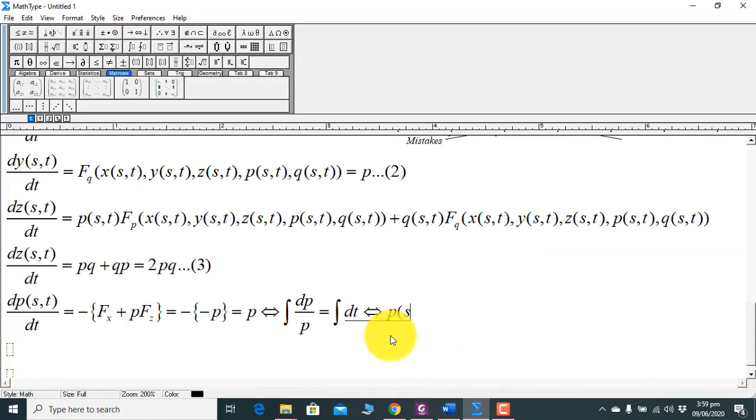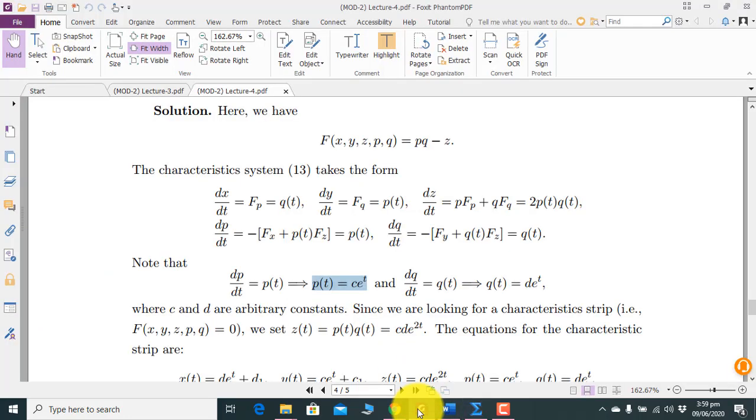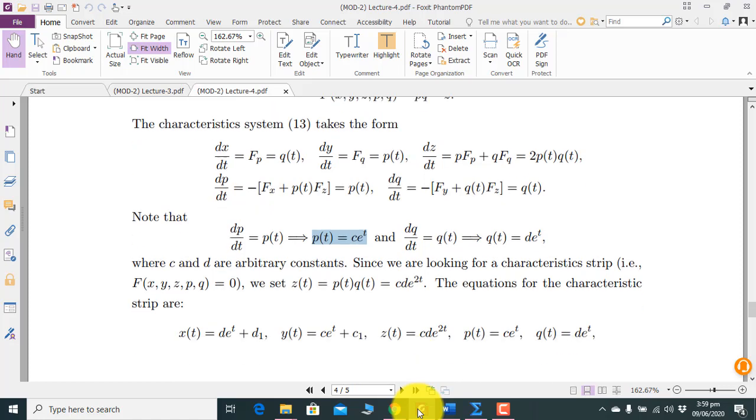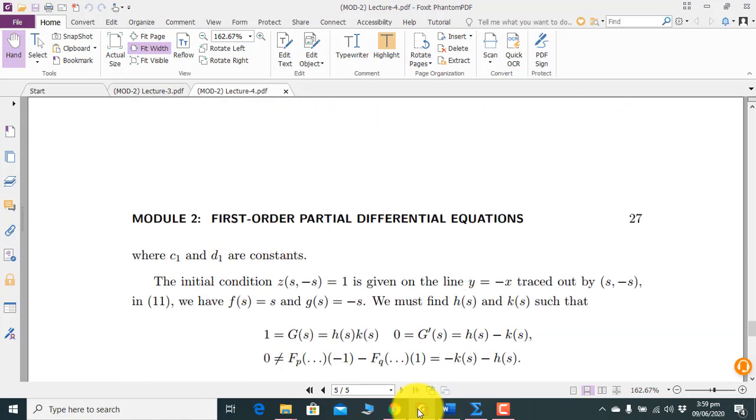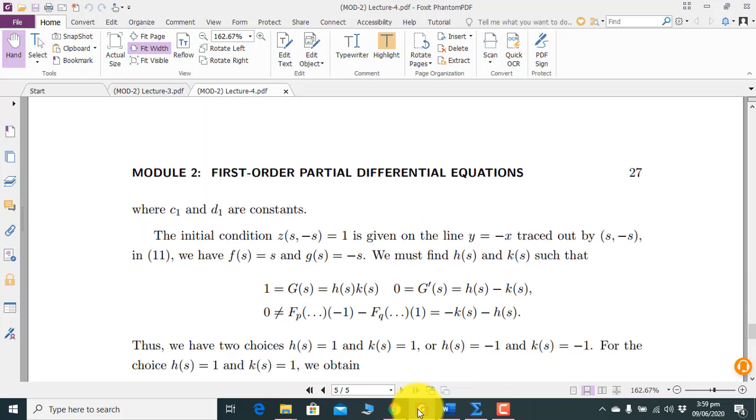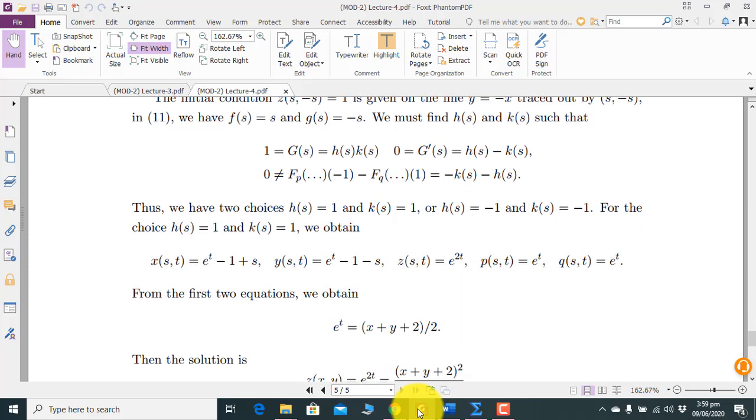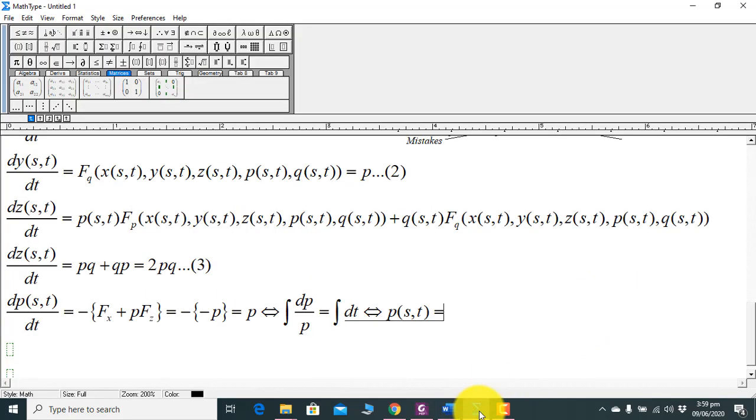So p of s,t will have, and be very precise, because I made a mistake in that I have not put s,t. It is possible you can be wrong, because x in general has the form which includes t and s as well.